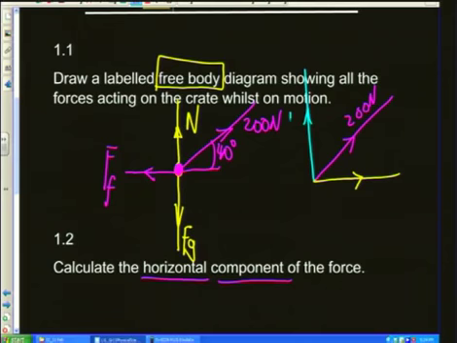So this is the vertical component, and this is the horizontal component. If I move the vertical component to the right so that I arrange my horizontal and vertical components tail to head, I have a closed figure. There is my right angle. So I've got a right angled triangle. Where is my angle? 40 degrees there. So I can work out FH, which is what I'm asked to do here.